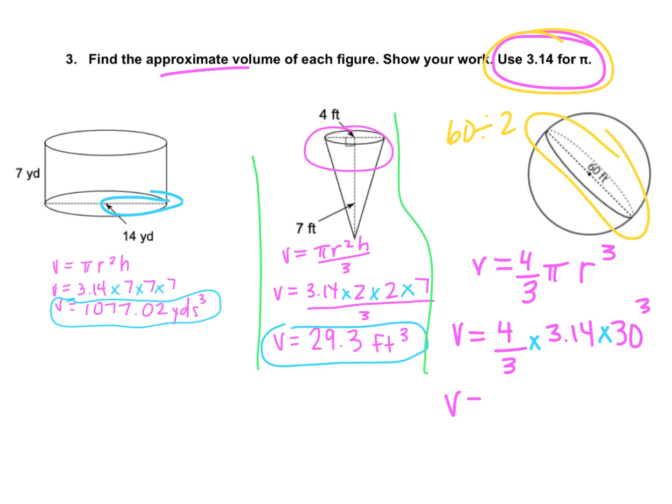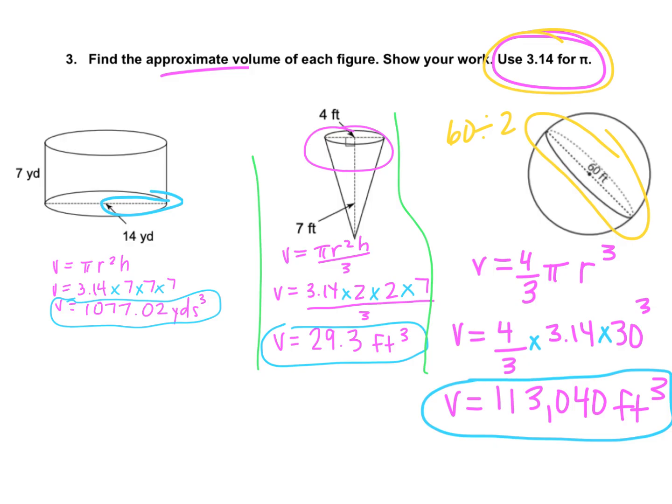And then when you calculate all that, 4 divided by 3 times 3.14 times 30 times 30 times 30, okay, we get a very large answer here, 113,040, and it's feet cubed. Okay, so again, just follow your formula and make sure you know what you're using for pi for all these. Show your work too.